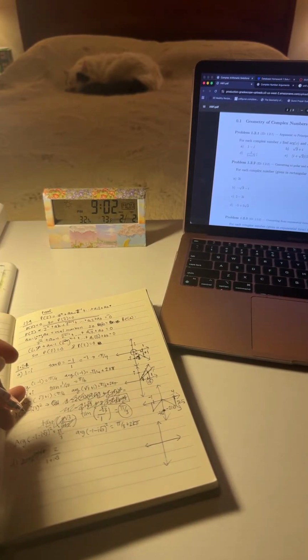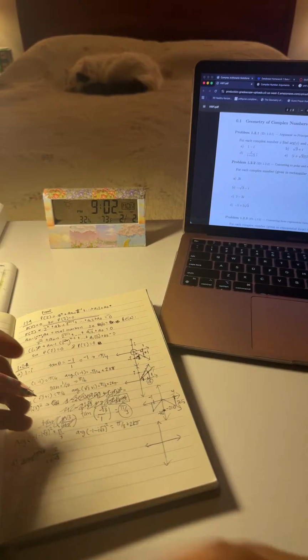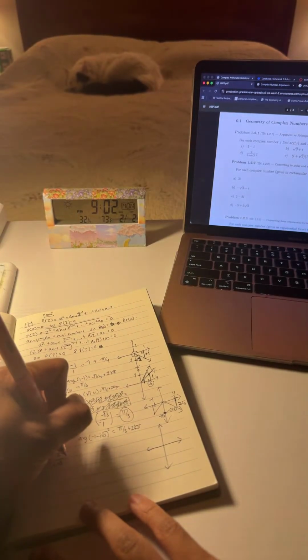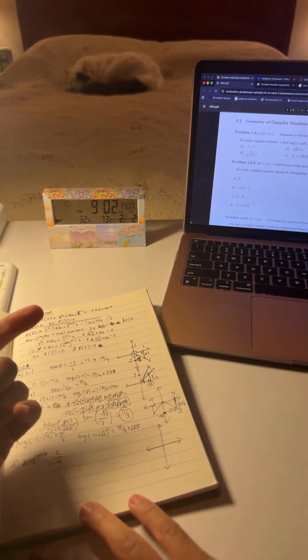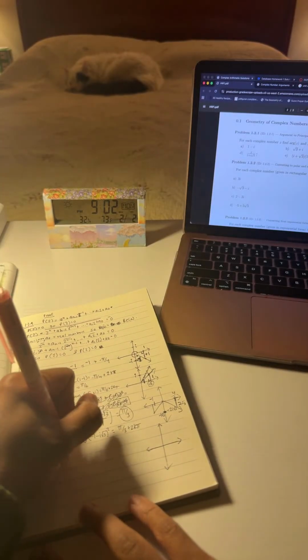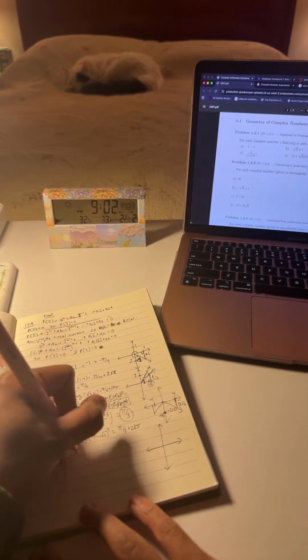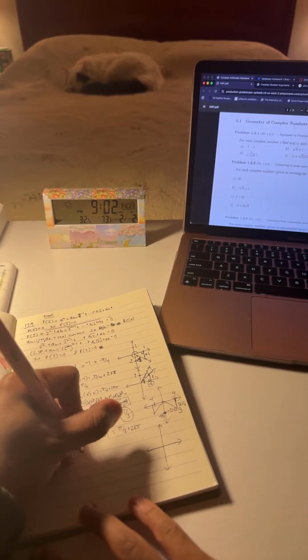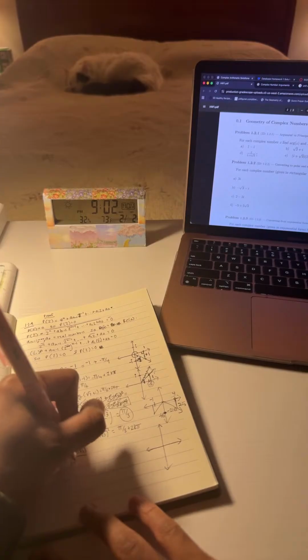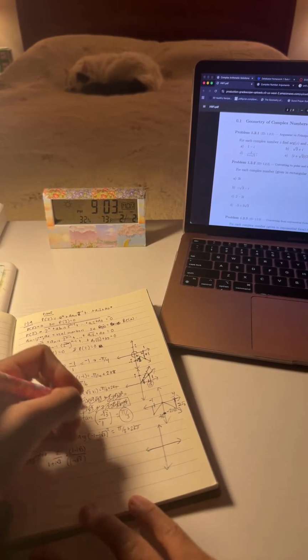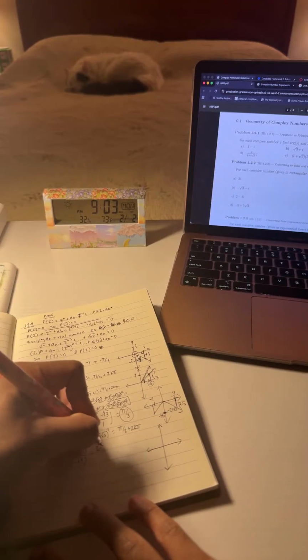Well, if you want to just make it into one complex number, I think you'd have to multiply it by the conjugate of the denominator, right? So you have 1 minus i root 3 over 1 minus i root 3. So 2 times that is equal to 2 minus 2i root 3.